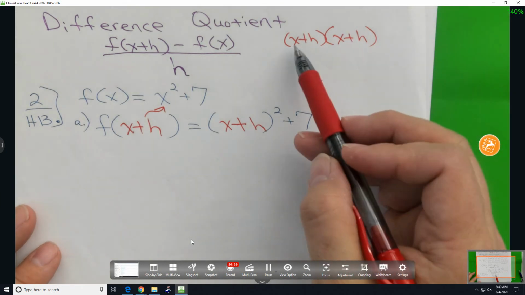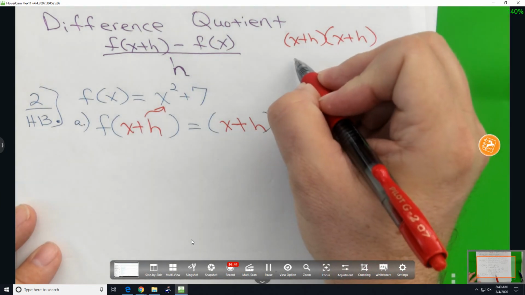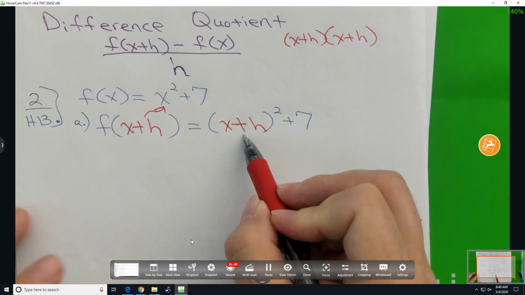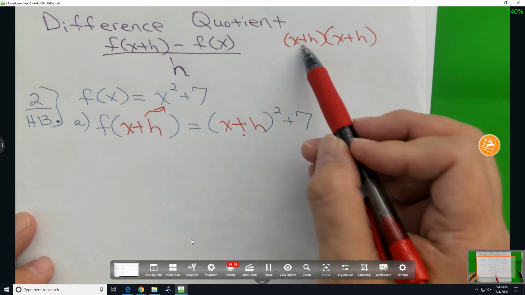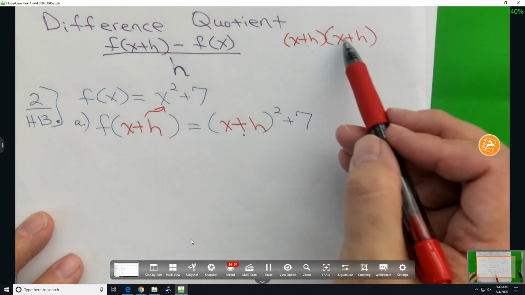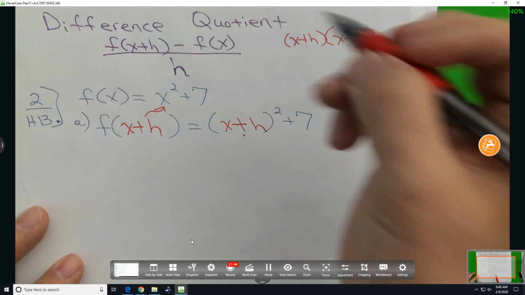So we start FOILing. We're simplifying x plus h squared. We had to write x plus h twice and start FOILing. First, x times x is x squared.